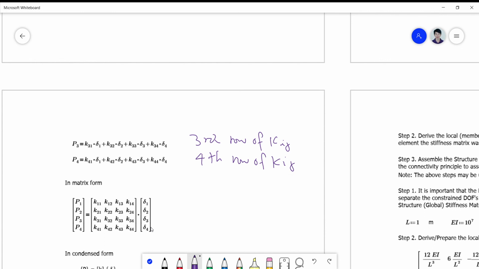This is the vector delta in matrix form. This is the stiffness equation.